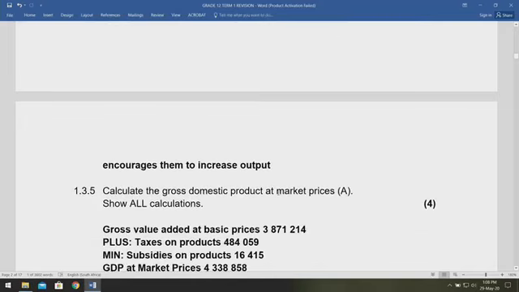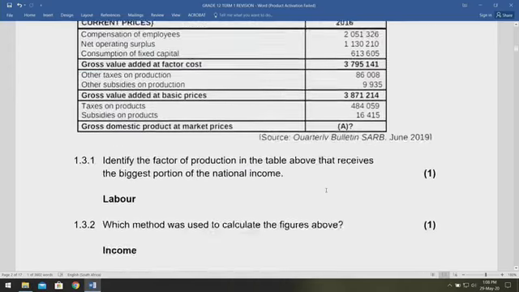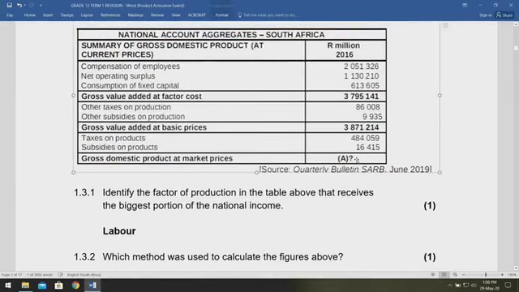Then the last question here is your 1.3.5. Calculate the gross domestic product at market prices A and show all calculations. So I need to go back to my table and see where they have put A, and I see that is where it is, GDP at market prices.